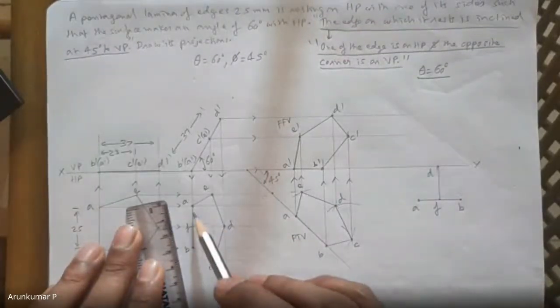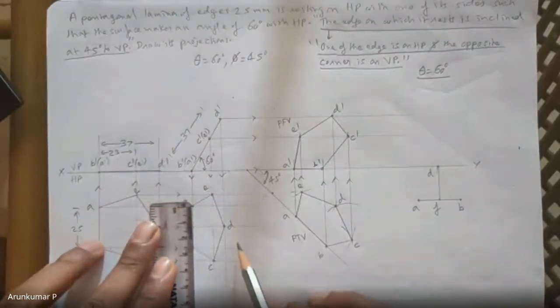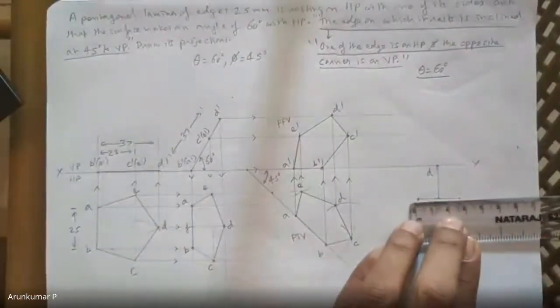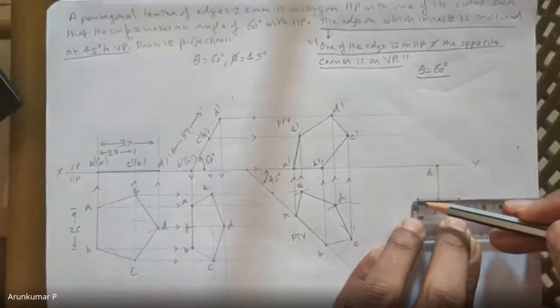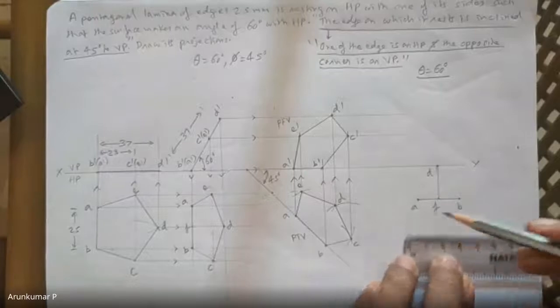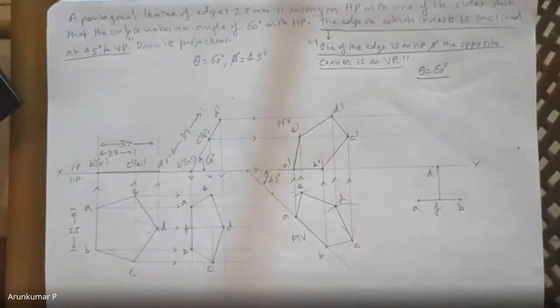So from F to A 12.5, from F to B 12.5. I'll keep 12.5 mm at F, locate 12.5 to the left, 12.5 to the right, I'll get A and B. Now you're left with C and E. You can locate that with the help of a rounder.